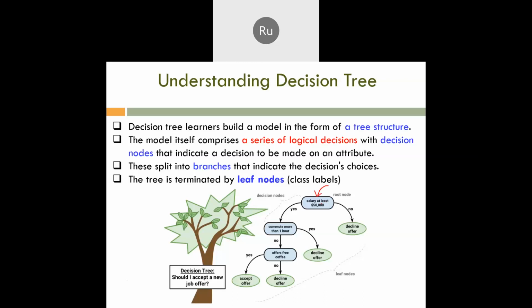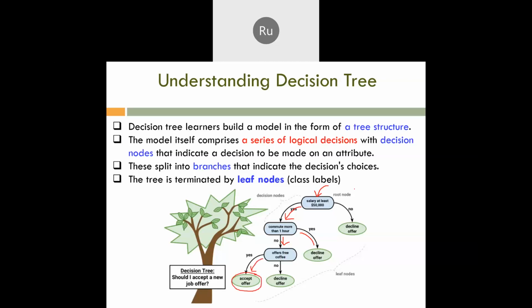The root will consist of the value of the attribute. So over here we say if the salary is at least 50,000, then if yes, we go here. If the duration to reach the office is more than 1 hour, then we will decline. Otherwise, we will move on to here and then we say if they offer free coffee. If yes, then we accept the offer.